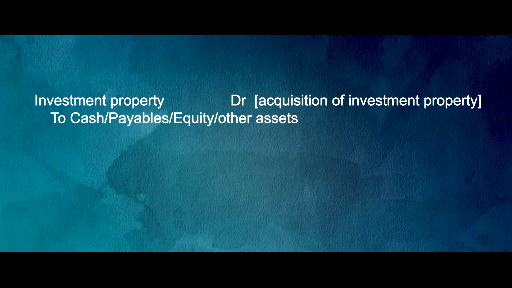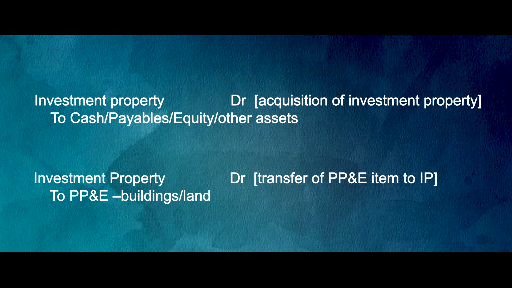The second journal entry is for when the owner wants to transfer the use of a property from property, plant and equipment to investment property. It is possible, the owner can always do that. If the owner is doing that kind of transfer, the owner has to pass this journal entry: investment property account debit to property, plant and equipment.